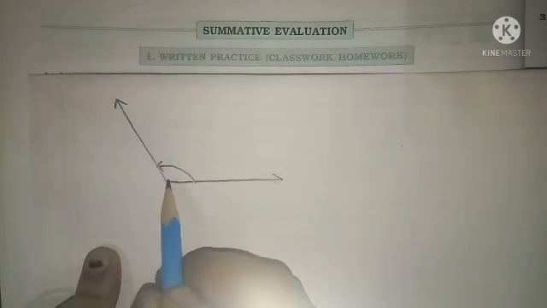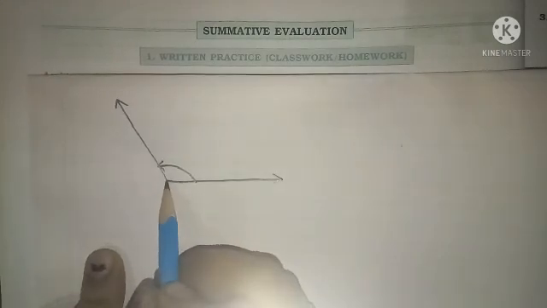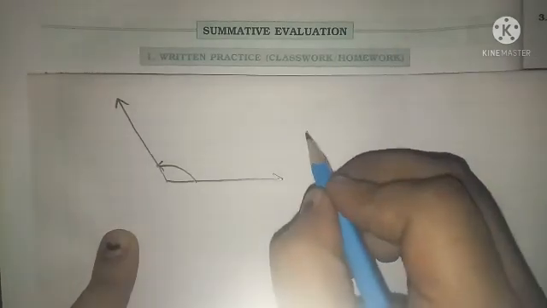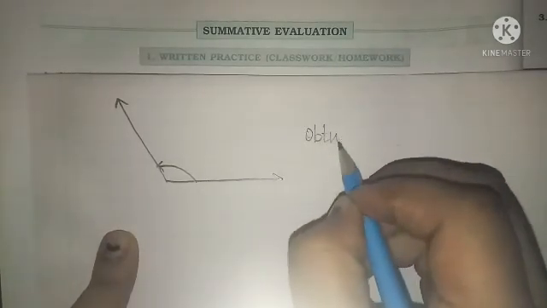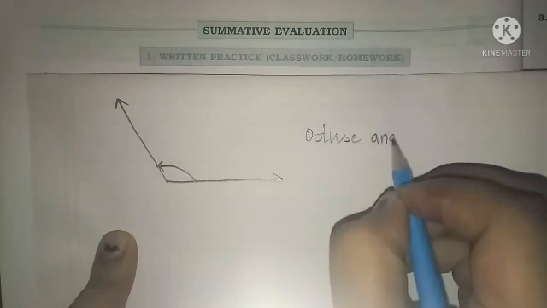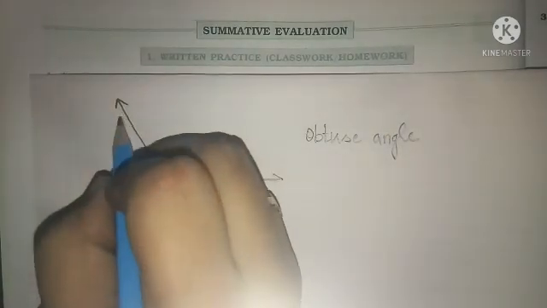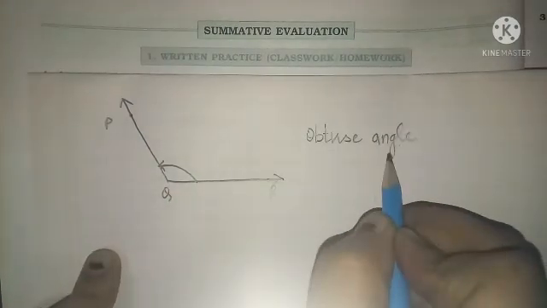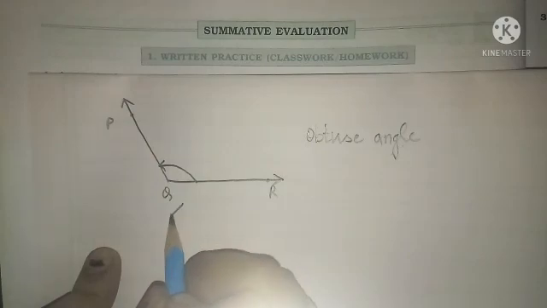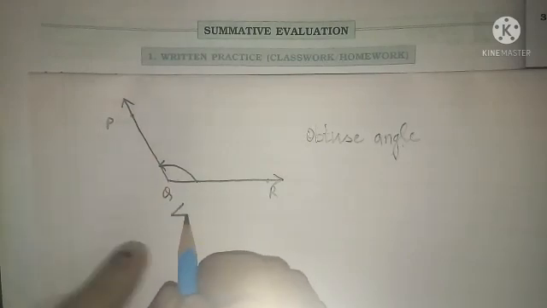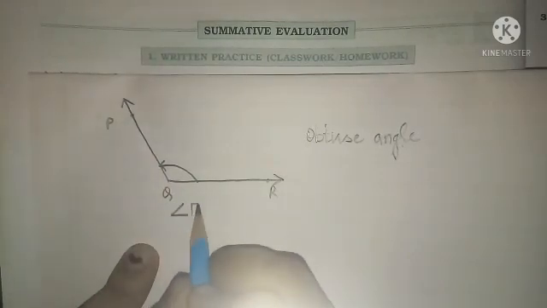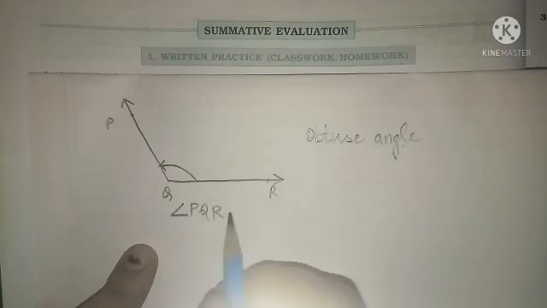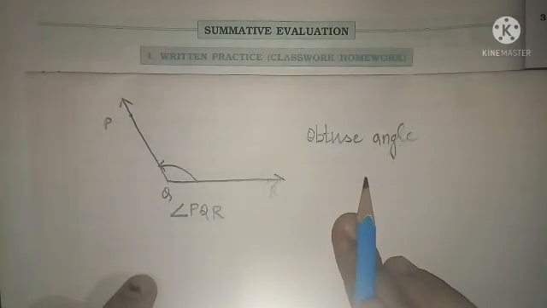So you will define this as an angle whose measure is more than 90 degree, known as your obtuse angle. Let's name this angle PQR. Again you have to indicate it by the angle sign, angle PQR.